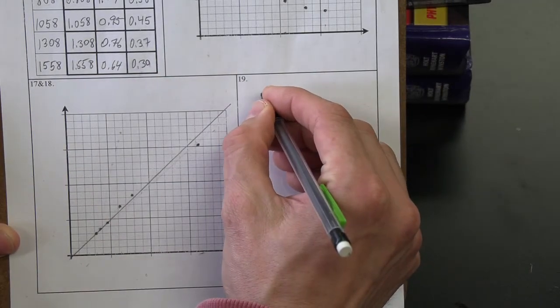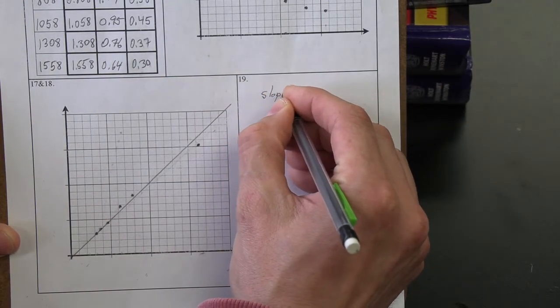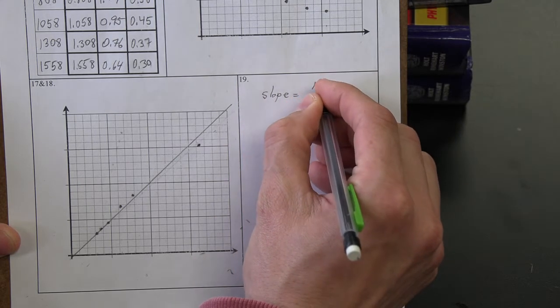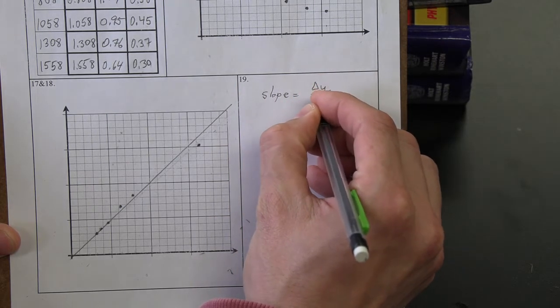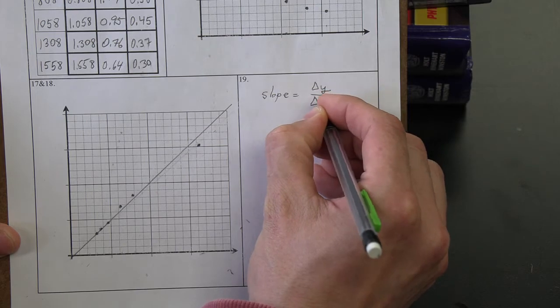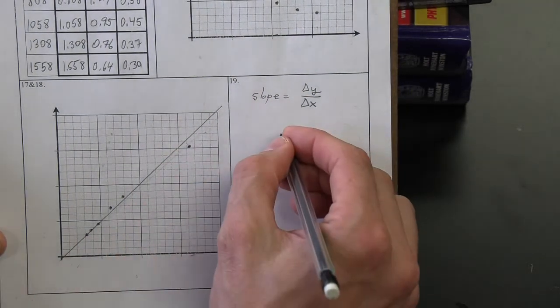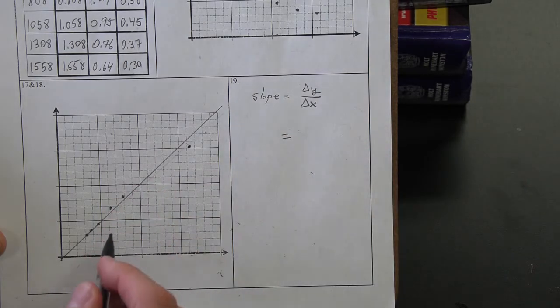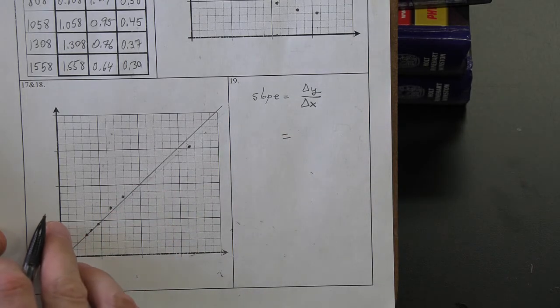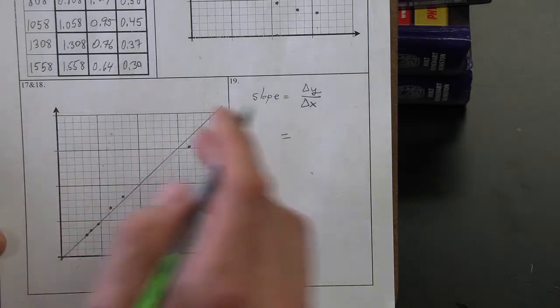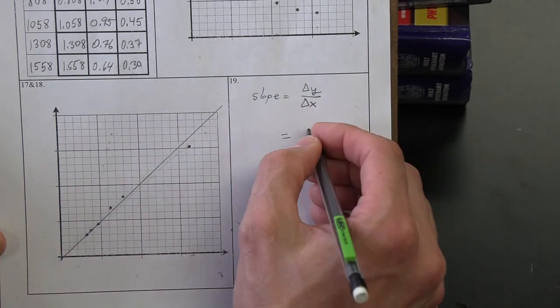So what I'm going to do is say slope. To keep it simple, I'm just going to say change in y over change in x. Remember, you need a formula always for all calculations on the Regents when you're showing a calculation like this. So then what I'm going to do for my graph, oh, I don't even remember how I scaled this. Okay, so that was all the way up here.